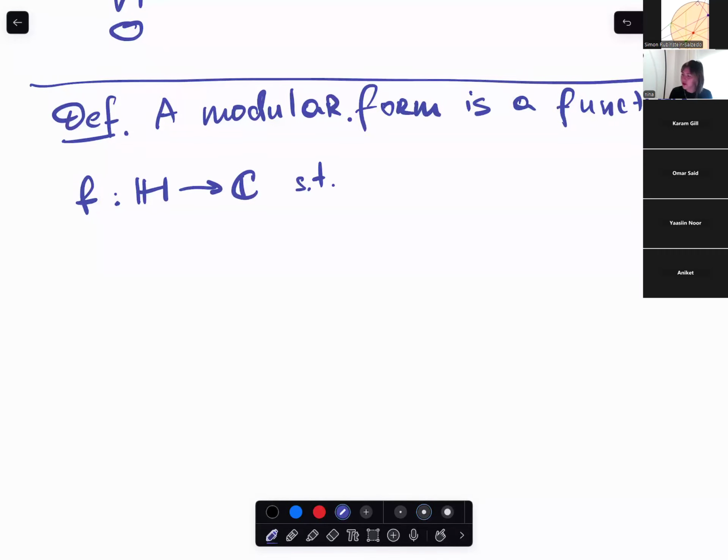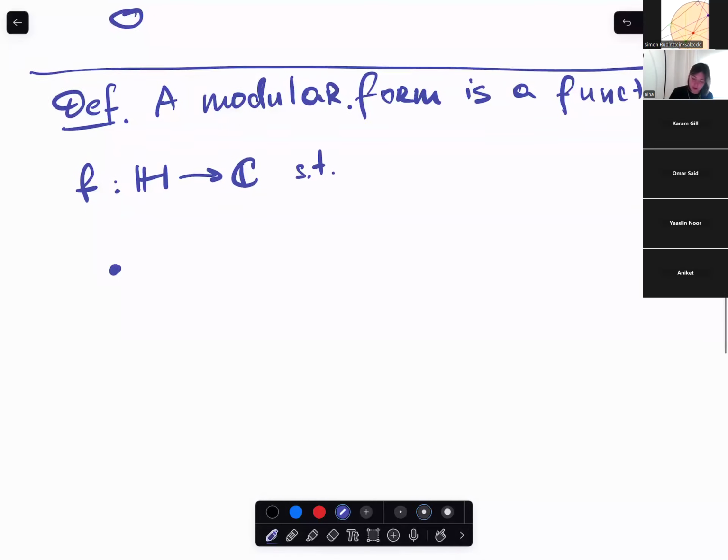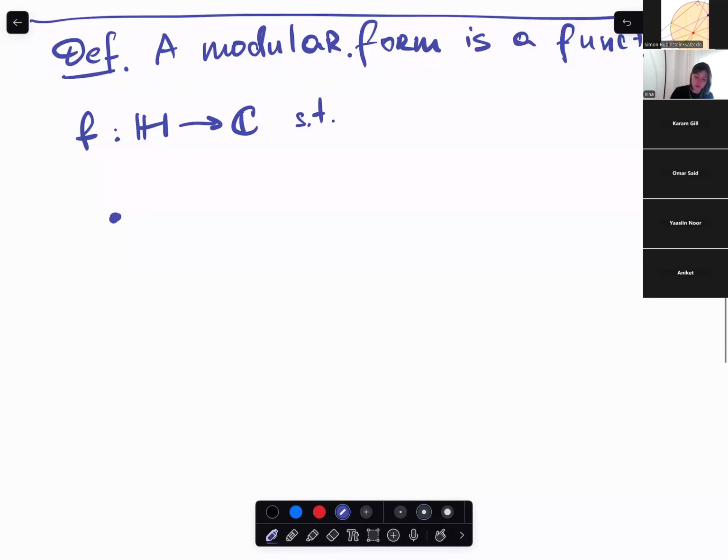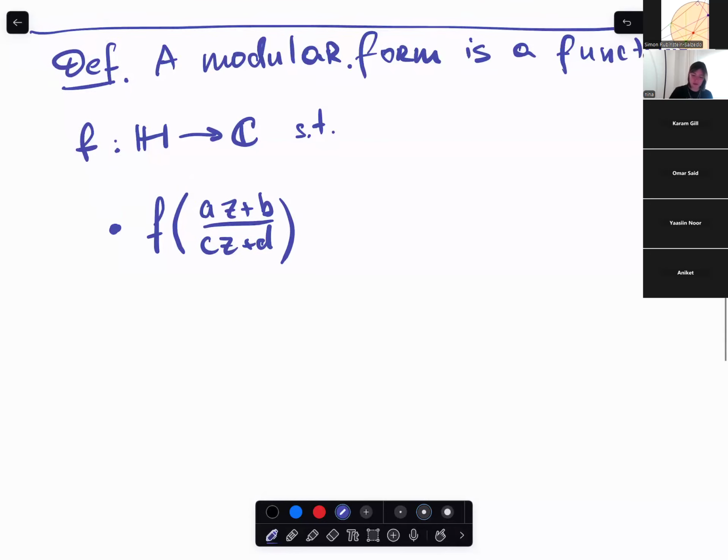So it's a function such that, okay, there'll be three properties, but the main one you should keep in mind is the first one. So when we input this transformation, we take f of az plus b divided by cz plus d, which is the thing we were looking at before.